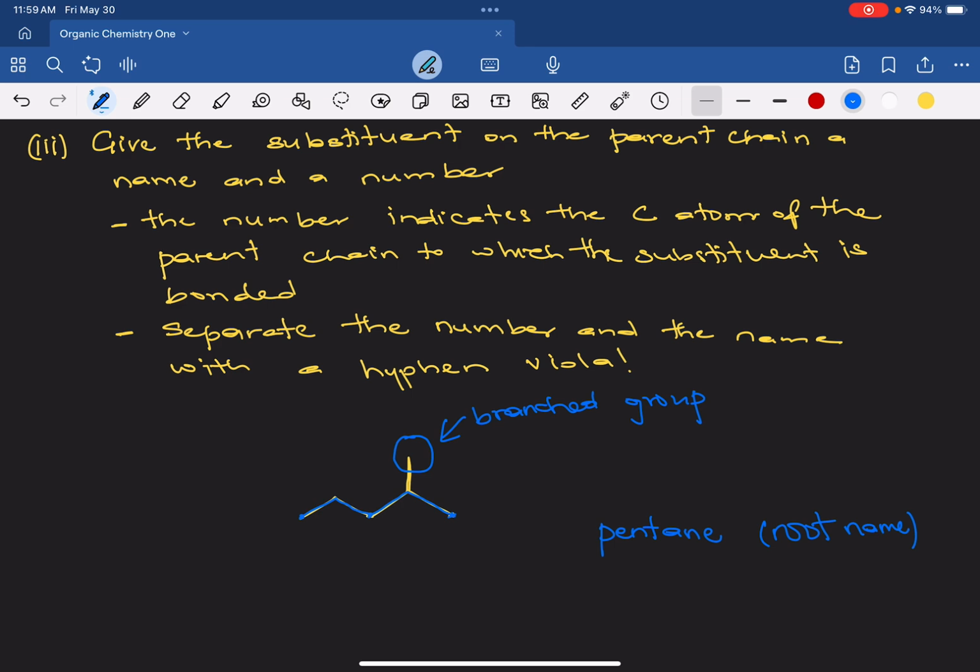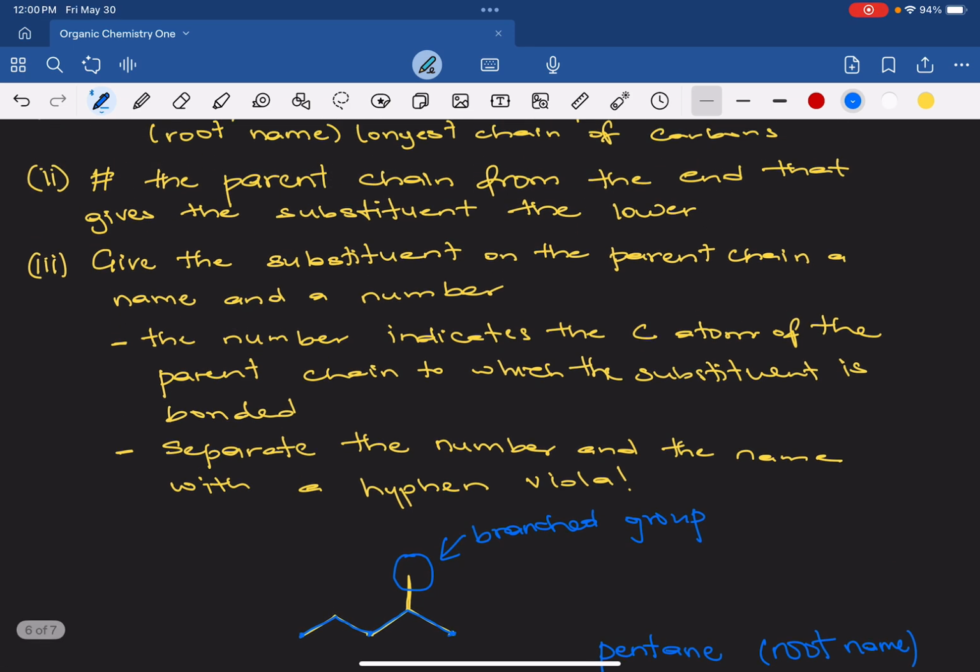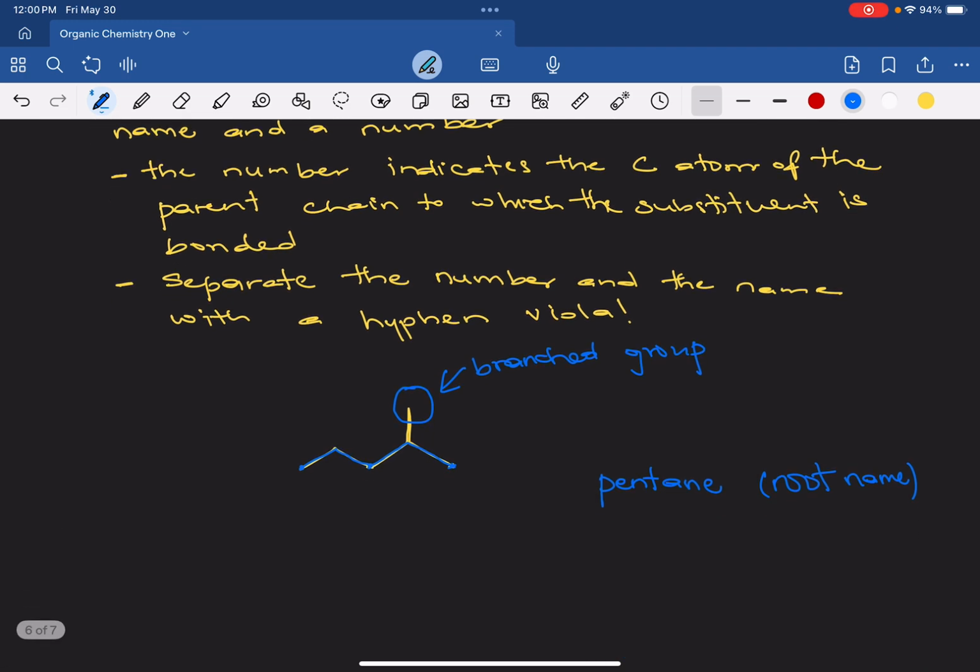Now, once you've done that, rule number two says that you need to number your longest chain of carbons so that the substituent gets the lower number. Here's the thing: you can only number in two directions.